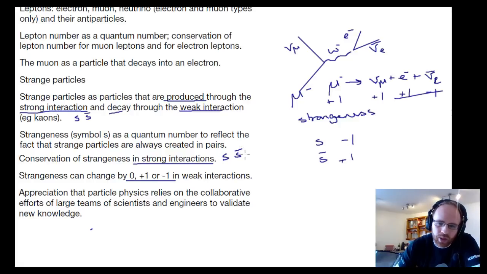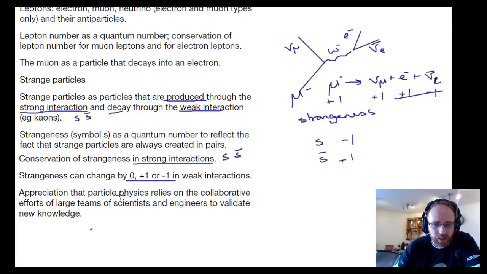So if an anti-strange quark decayed in a weak interaction, there was a strangeness change of -1. And then if a strange quark with a strangeness of -1 decayed, you'd get a change in strangeness of +1. Change in strangeness, that's a lot to say. It's a mouthful. We'll get back to this in a bit.